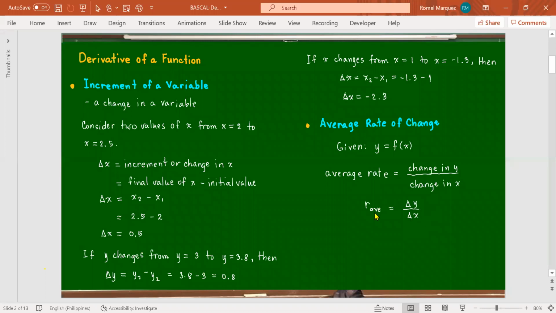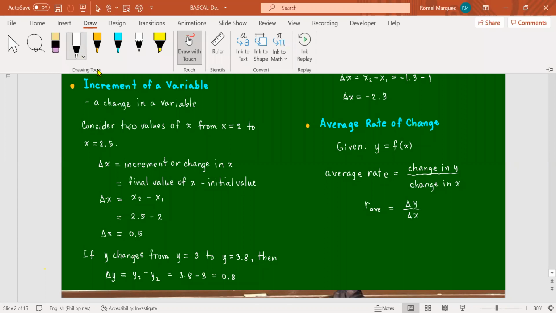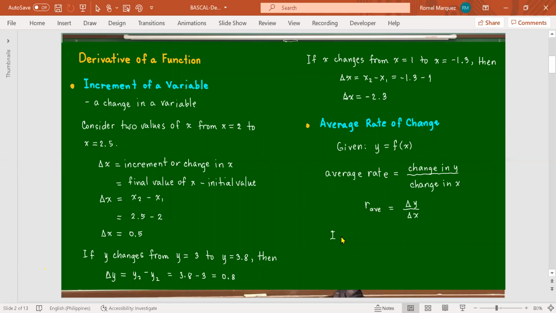Actually, in analytic geometry, what do we call this average rate of change? Slope.